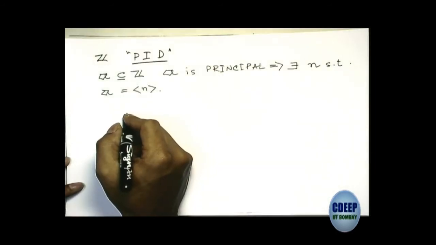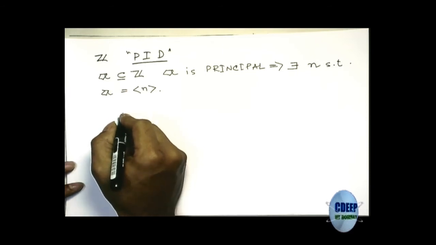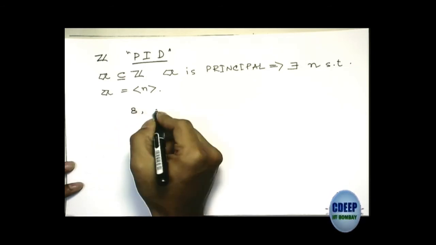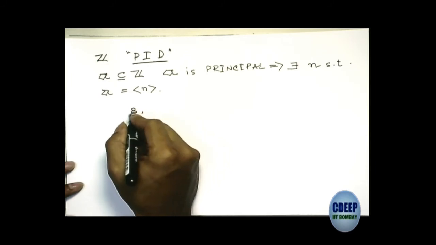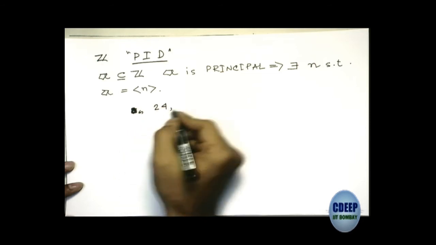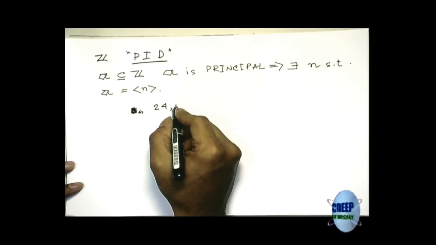Now suppose we have an ideal, as we have seen before. Suppose we have 24 and 36.